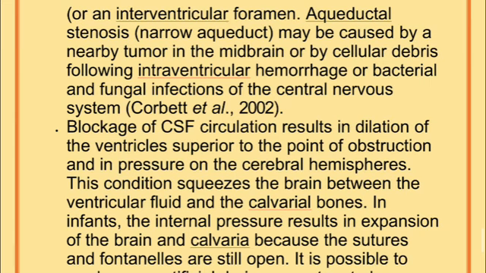In infants, the internal pressure results in expansion of the brain and Calvaria because the sutures and fontanelles are still open. So you could have an artificial drainage system to bypass the blockage and allow CSF to escape, and this lessens the damage to the brain.